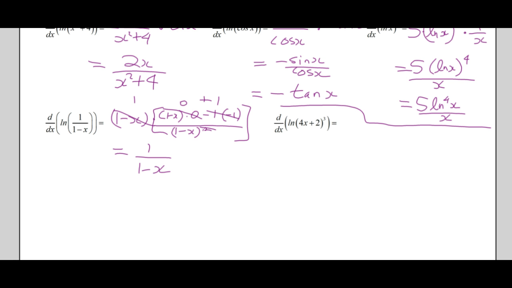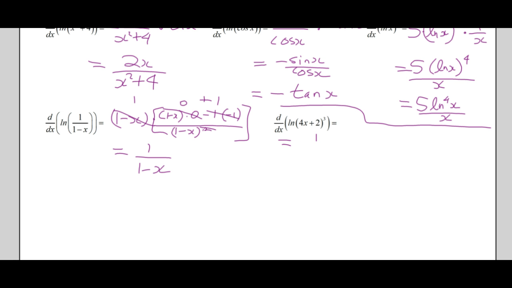All right. So the derivative d by dx of the ln of 4x plus 2 cubed. This is not ln cubed of 4x plus 2. This is the ln of something which is being cubed. So where do we start? 1 over that thing, right? So it's 1 over whatever's here.